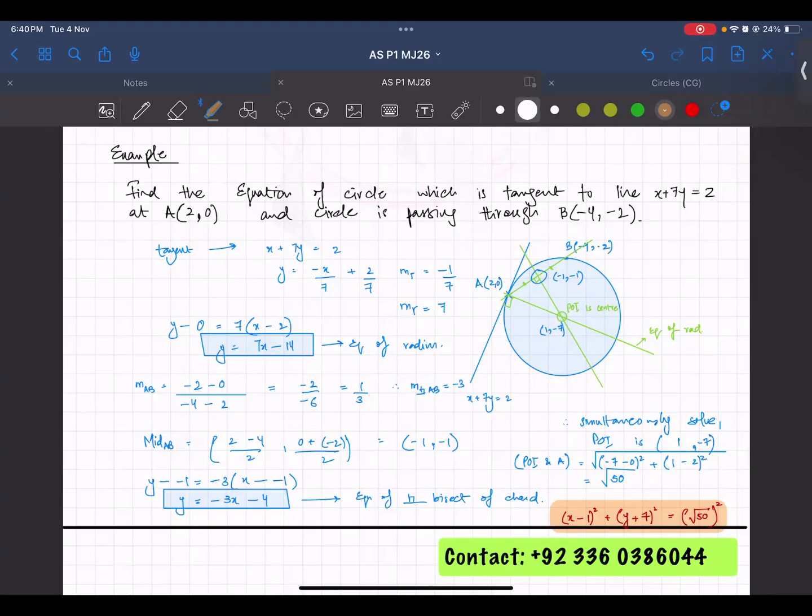But you have to now do the practice and see what new things they can ask you about, and the circle properties. So 3 or 4 things you have to memorize, and then do some more practice, and eventually it is not a very difficult topic. You just need a lot of practice on this.